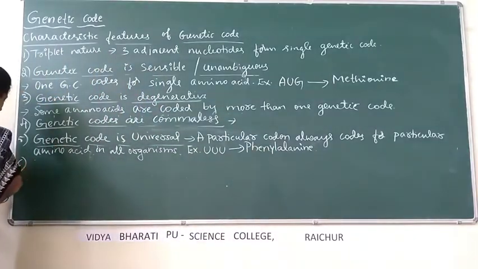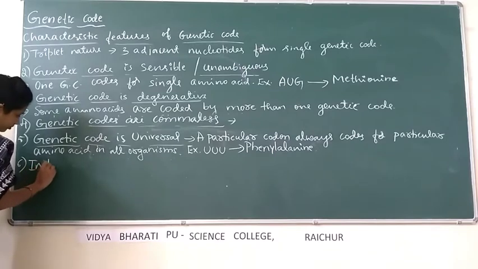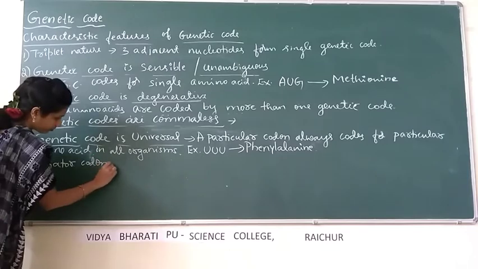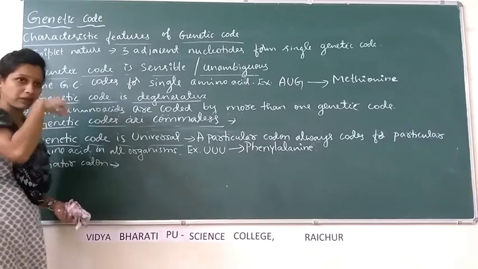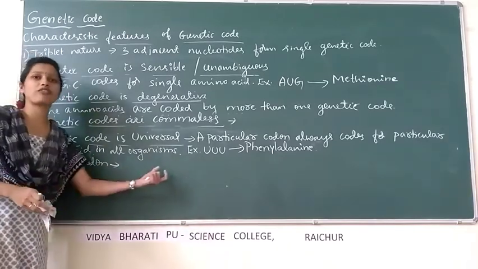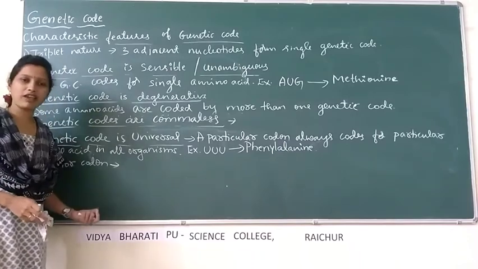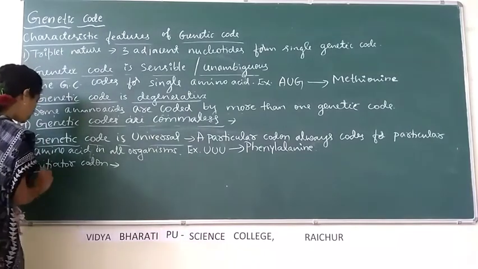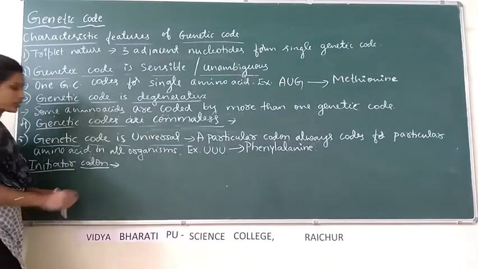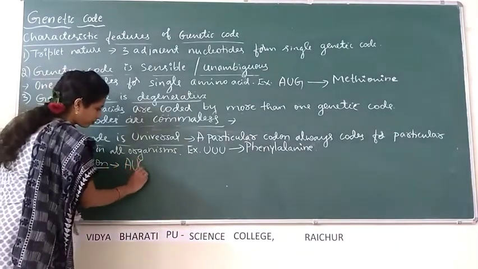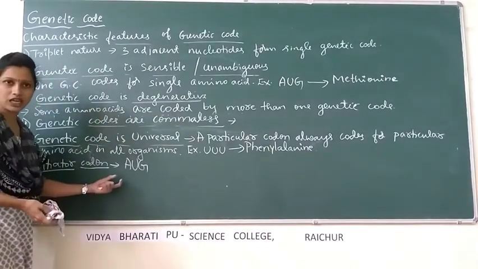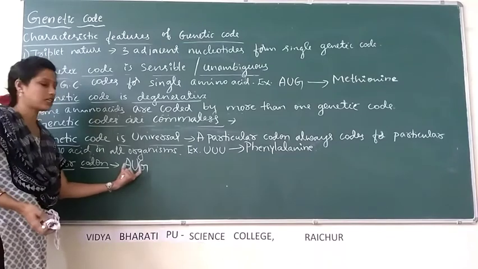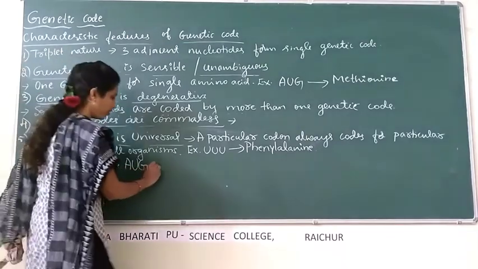Next one is initiator codon. Initiator codon means the process of translation always begins with the initiation codon or initiator codon. In most of the organisms, AUG is the initiator codon.